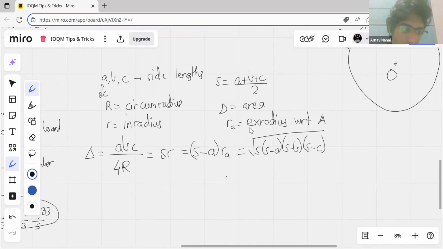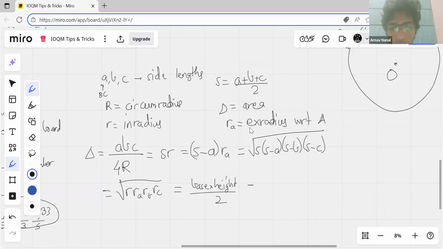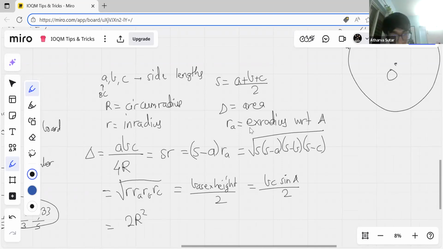Then under root of R RA RB RC. And the standard one, height into base by 2, that is just assumed. And if you're doing trig, it is half BC sin A, and 2R squared sin A sin B sin C.